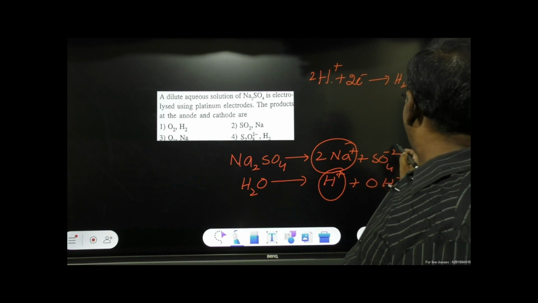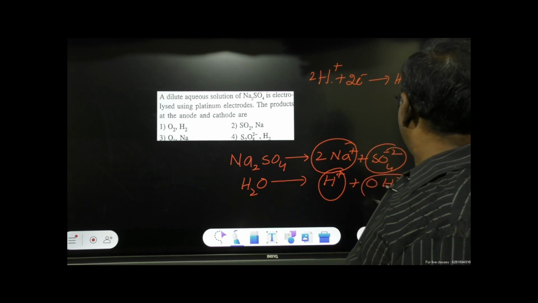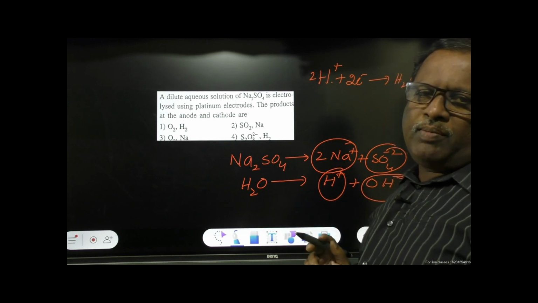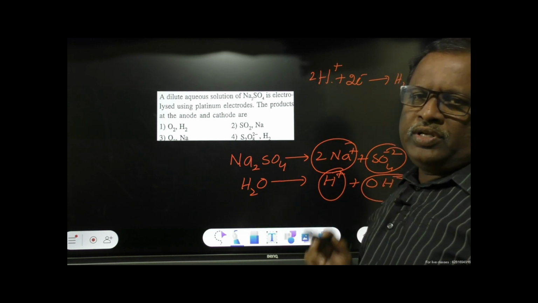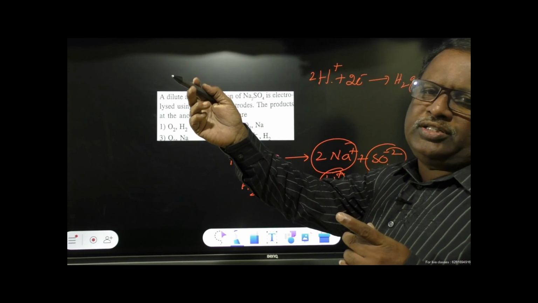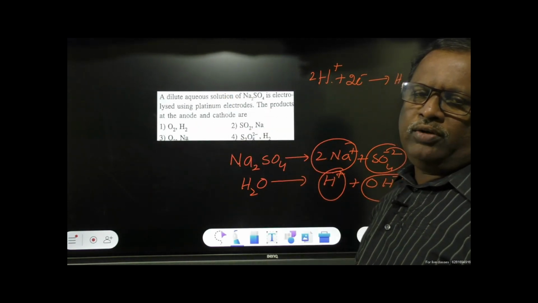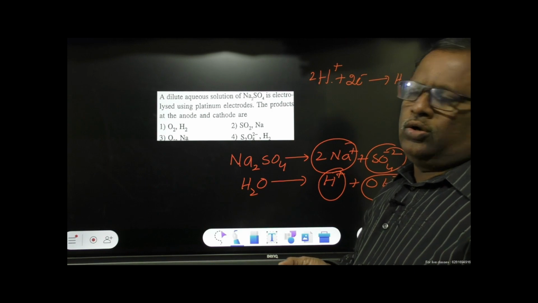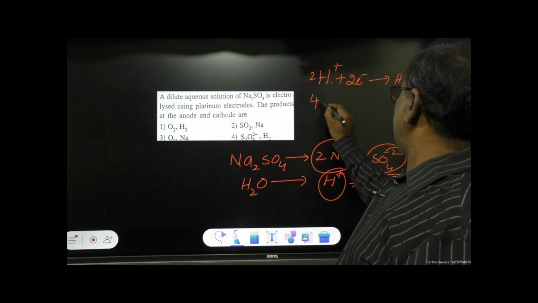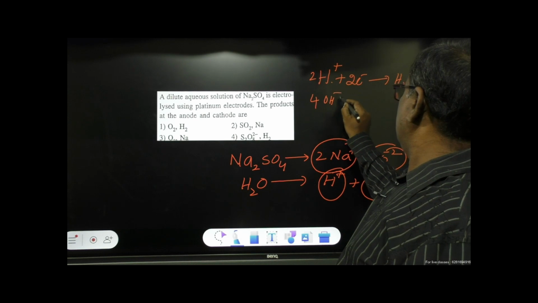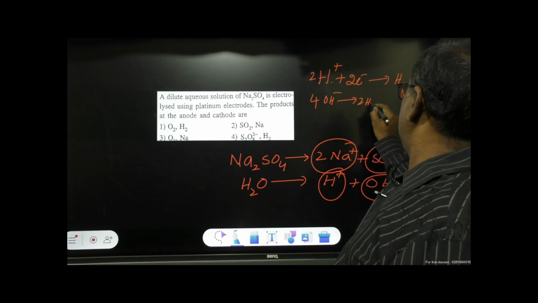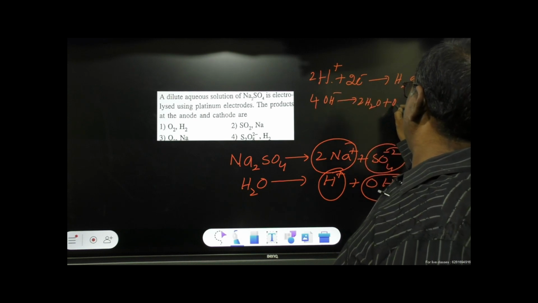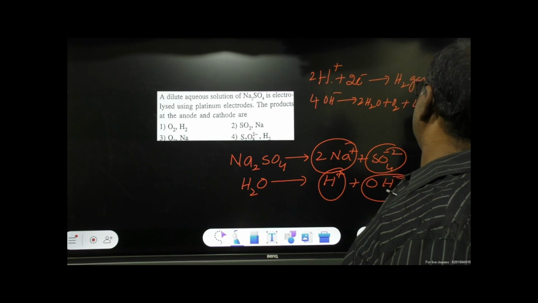Out of SO4^2- and OH-: in the previous case, if Cl- and OH- are there, the Cl- ion is preferably discharged. Out of SO4^2- and OH- ions, OH- ions are discharged at the anode. So 4OH- gives 2H2O plus O2 plus 4 electrons.